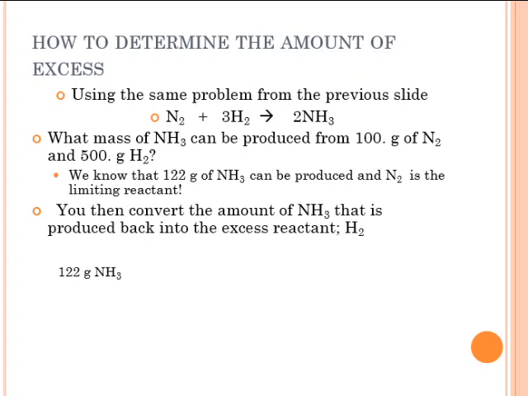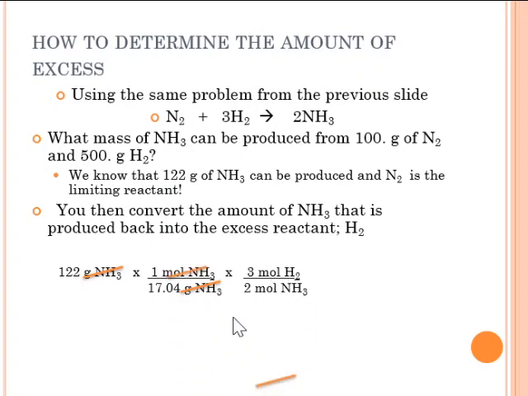So now we have grams of ammonia, and luckily we've already calculated the molar mass. So we have to convert it back to moles, okay, because we cannot go from one molecule to another without a mole ratio. So we'll use the molar mass of ammonia again, and grams of ammonia are canceled and will be in moles of ammonia. Then we can use our mole ratio from our balanced equation to go from moles of ammonia to moles of hydrogen.